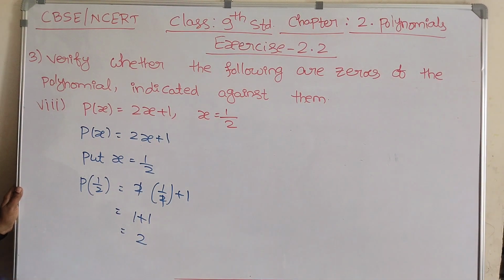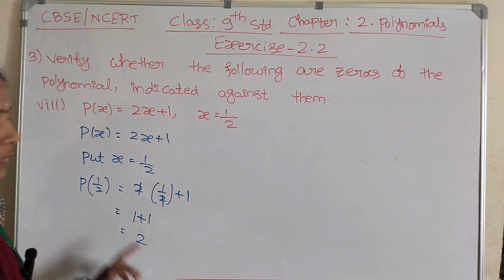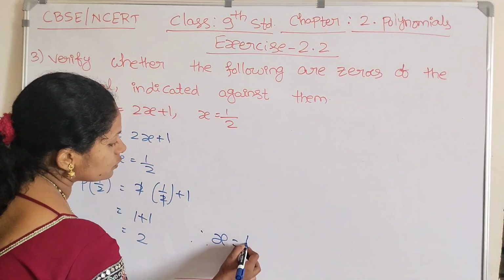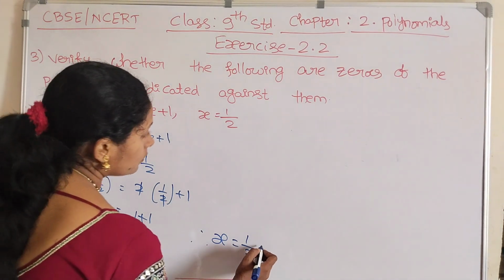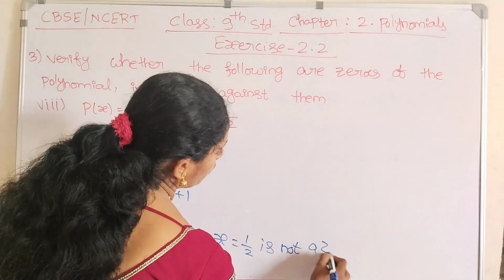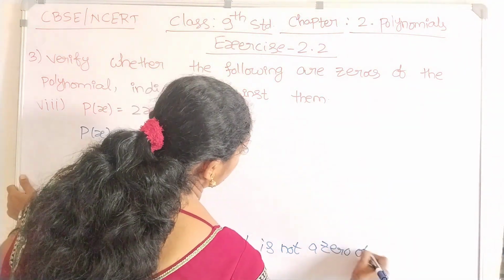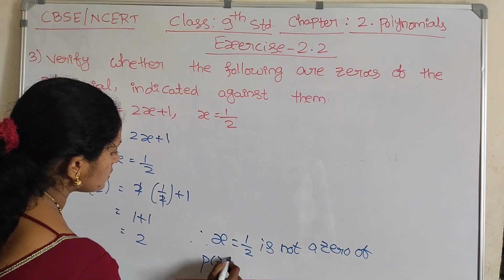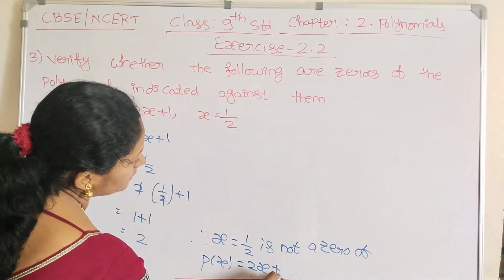As we haven't got 0 here, we can write the conclusion. Therefore, x is equal to 1 by 2 is not a 0 of the polynomial P of x equals 2x plus 1.